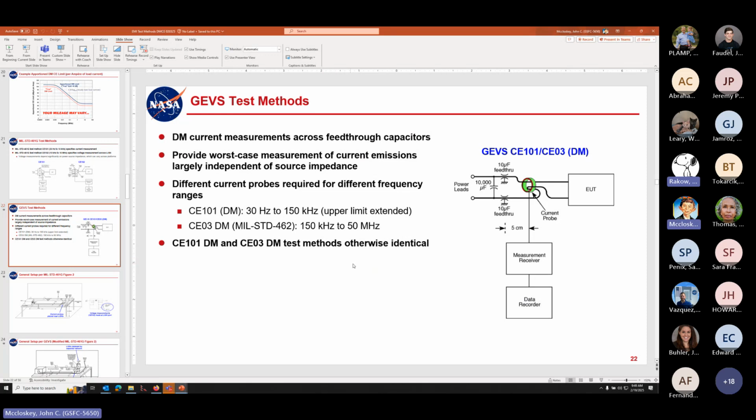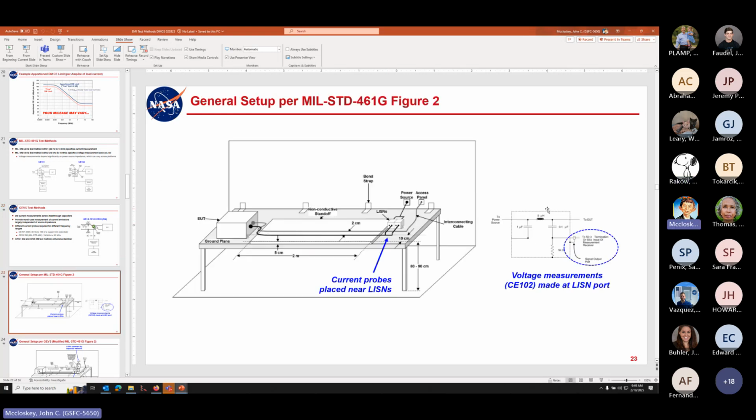Okay, so going back to CE102, if we have to do it, what's the LISN really going to look like for a typical spacecraft? Well, the platform should specify what LISN is appropriate for their spacecraft. But like the 50 microhenry LISN, I've never seen any platform where that made any sense.